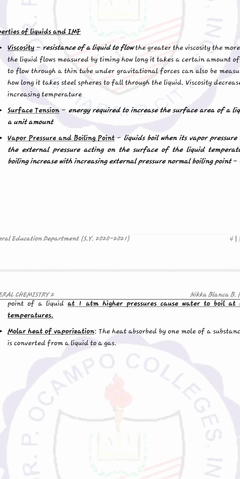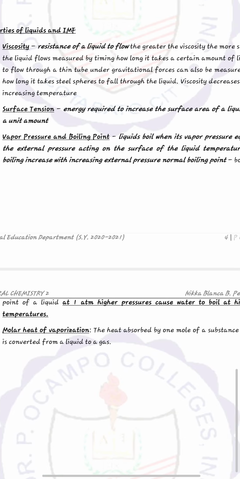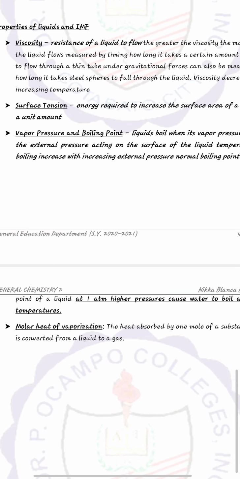Next, we have vapor pressure and boiling point. It is very easy to identify this property of a liquid because it involves the process of boiling itself. Liquids boil when their vapor pressure equals the external pressure acting on the surface of the liquid. Temperature of boiling increases with increasing external pressure.